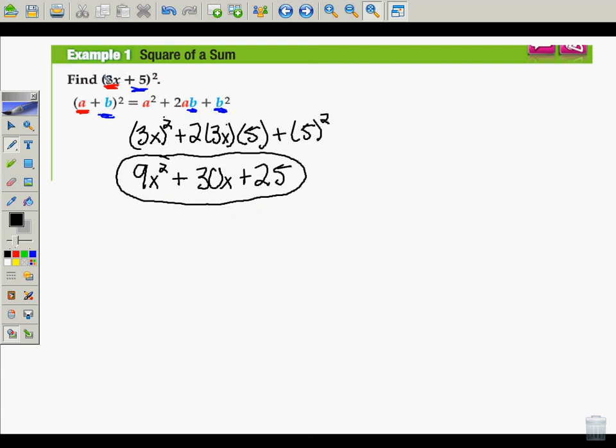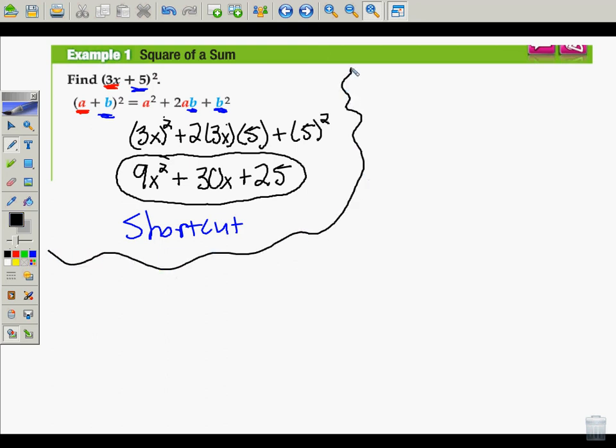Well, what would happen if I either didn't remember the shortcut or didn't like to use the shortcut? Well, let's look. We'd have 3x plus 5. And remember, it's squared, so that's just 3x plus 5 times 3x plus 5. Notice, binomial times a binomial. That means I can use FOIL. First times first, 3x times 3x, 9x squared.